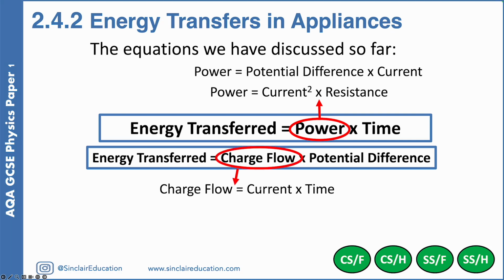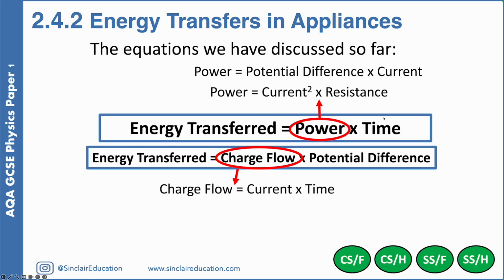Or in this equation below, charge flow, we could find that using current times time. And potential difference, for example, we've got V equals IR. So with these equations in particular, be on the lookout that you might need to use another equation beforehand.